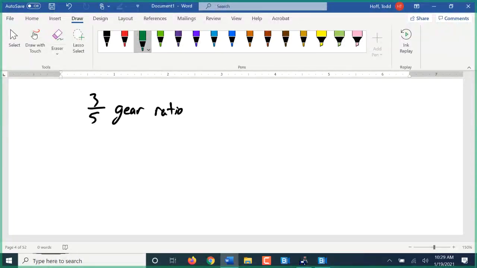We are installing a new motor, and the new motor comes with a gear on it that has 35 teeth. We need to install a gear on the machine to mesh with the motor that has the correct number of teeth. How many teeth does it need?